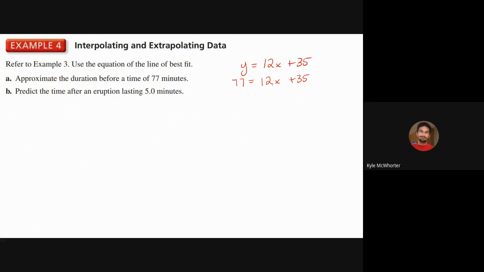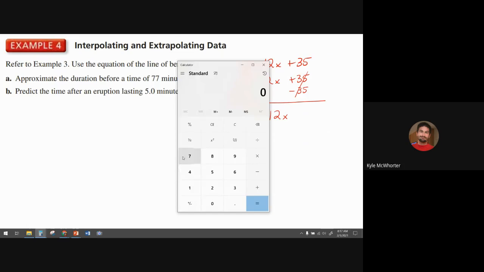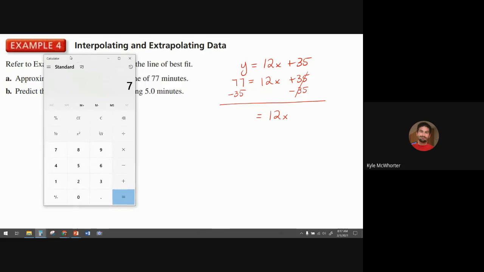To solve for x, we need to subtract 35 from both sides. 77 minus 35 is 42.